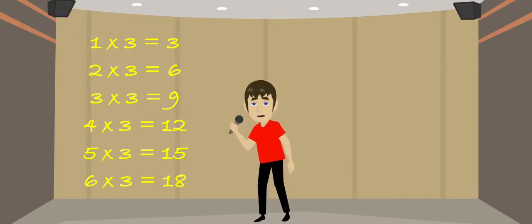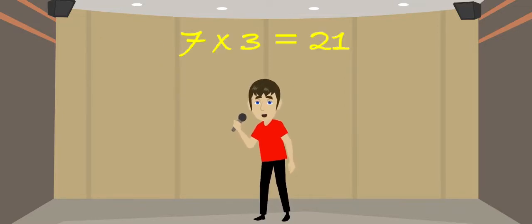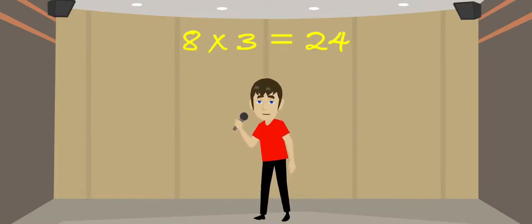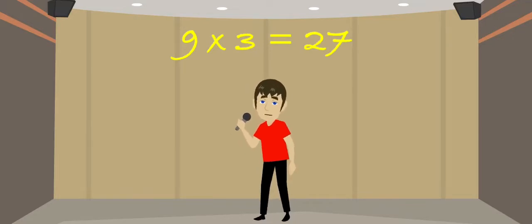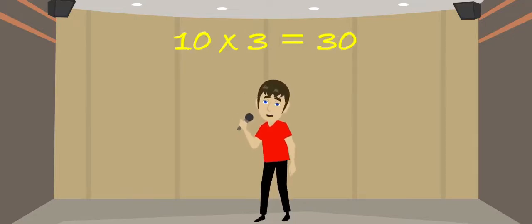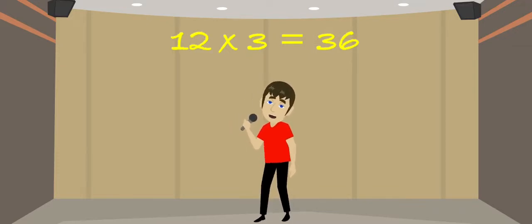And 6 3s are 18. 7 3s are 21. 8 3s are 24. 9 3s are 27. 10 3s are 30. And 11's 33. And 12 times 3 is 36.